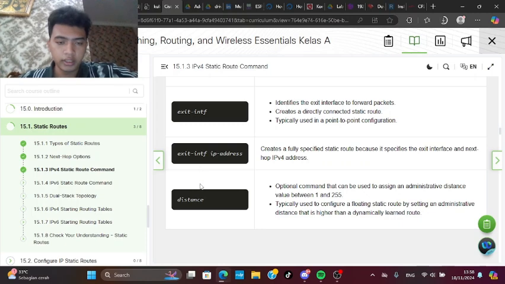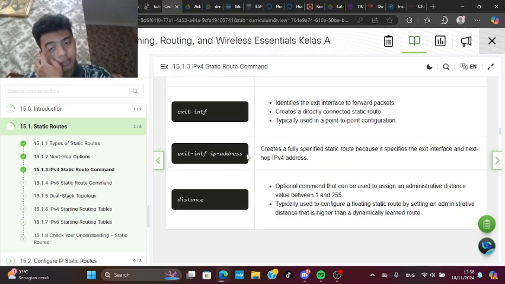The distance is an optional command that can be used to assign an administrative distance value between 1 and 255. It is typically used to configure a floating static route by setting an administrative distance that is higher than a dynamically learned route.